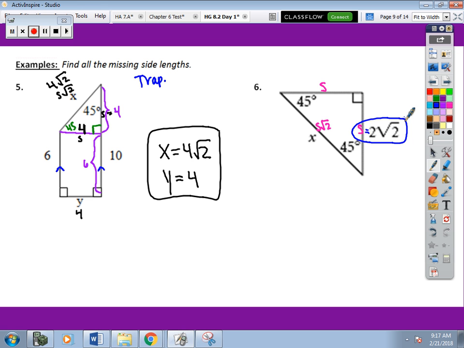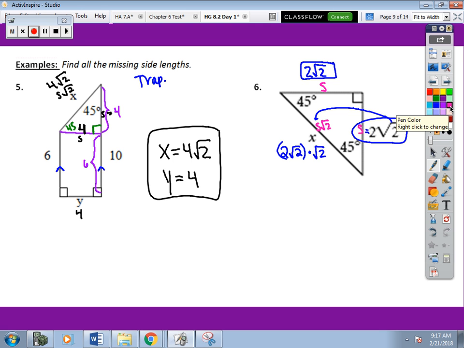Fill it in. If this is 2 root 2, that's just 2 root 2. Now be careful when you plug this in for s that you don't forget to attach another root 2. This is s root 2. So this would be 2 root 2, which is your s value, times another square root of 2.